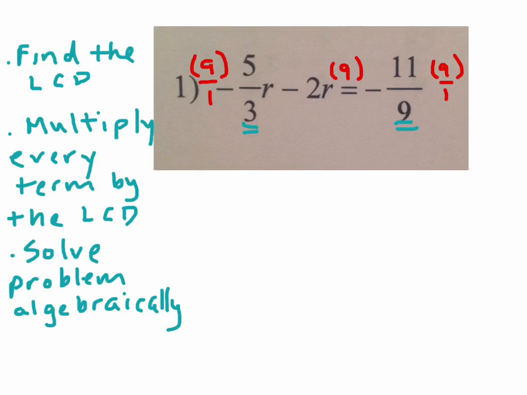And when we multiply right here, 9/1 multiplied by 5/3, we could actually cross cancel here. 3 becomes a 1, the 9 becomes a 3, and this first term, remember, is a negative 5/3 r, so it is still going to be a negative, and now it is 15r. 3 times 5 is 15 over 1.